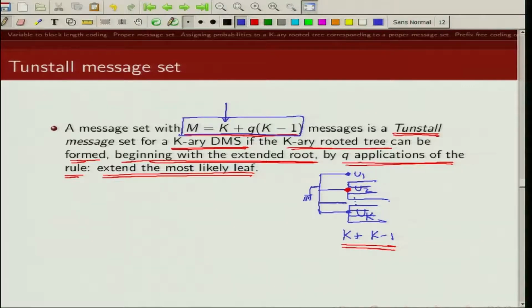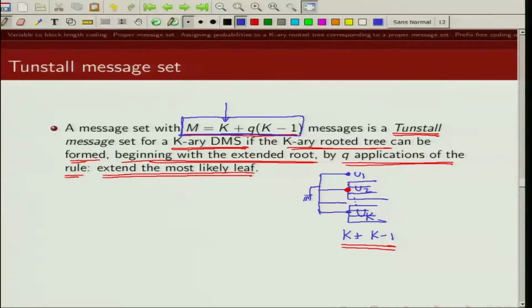So the total number of leaves I can get if I extend a node Q times, starting with an extended root, is given by K plus Q into K minus 1, where Q is the number of extensions that I have done from this extended root.